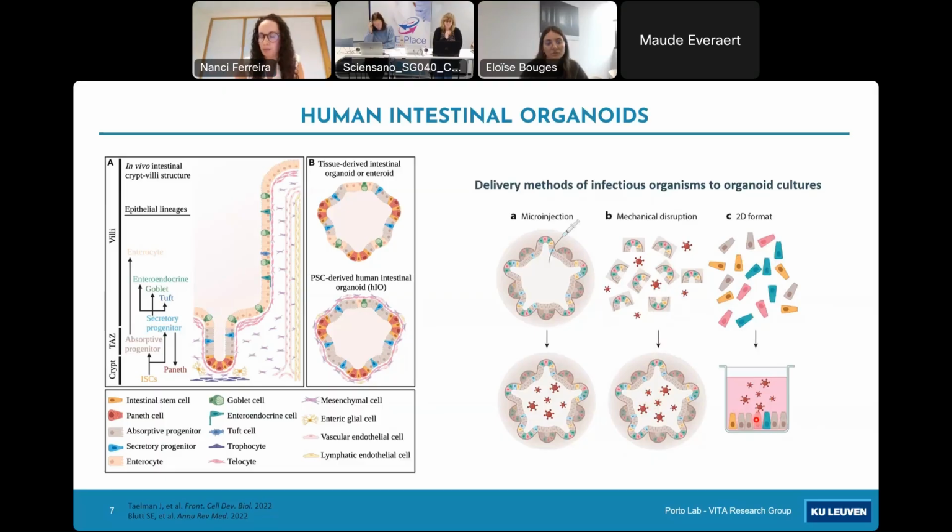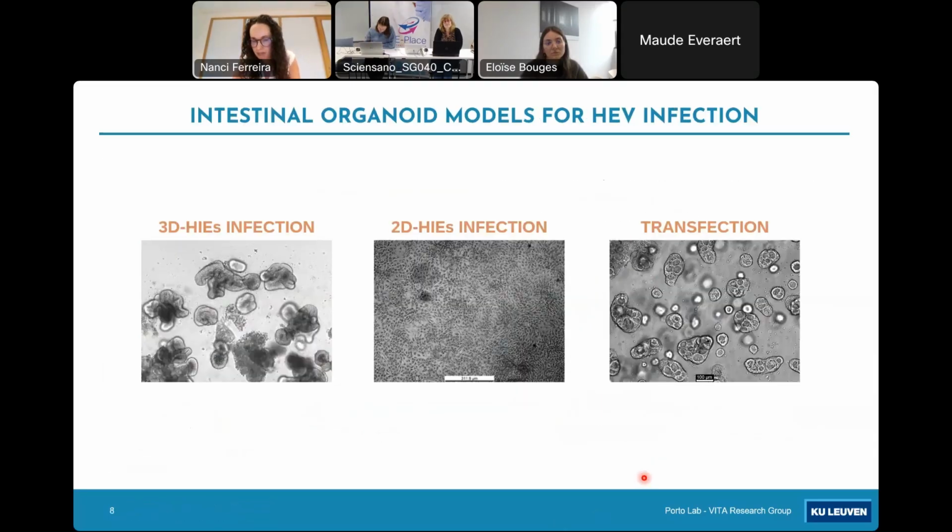So to study hepatitis E virus, we have established different infection models, as I said, using tissue-derived human intestinal enteroids, where we established a model of infection of 3D enteroids, also 2D monolayers, and we also tried the transfection of these enteroids with the genome of the virus.